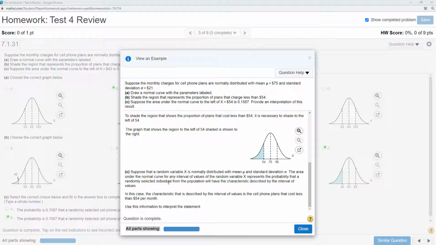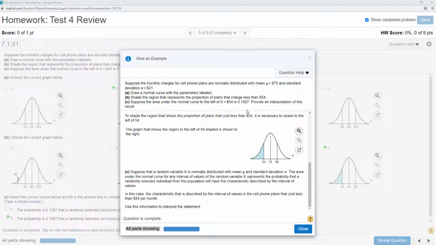The area underneath the curve represents the probability that a randomly selected individual from the population will have the characteristic described by the interval of values. So in this case, the characteristic described by the interval of values is cell phone plans that cost less than $54 per month.